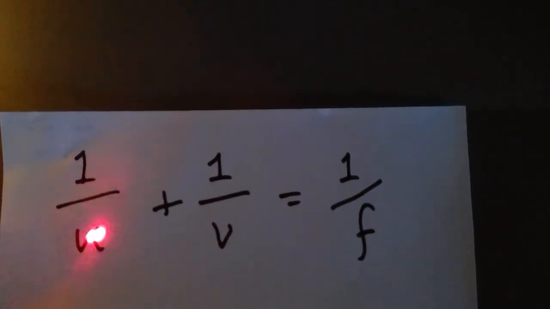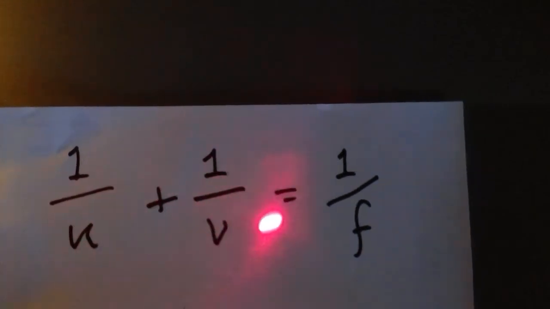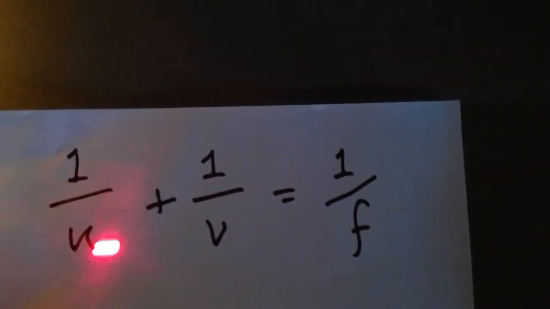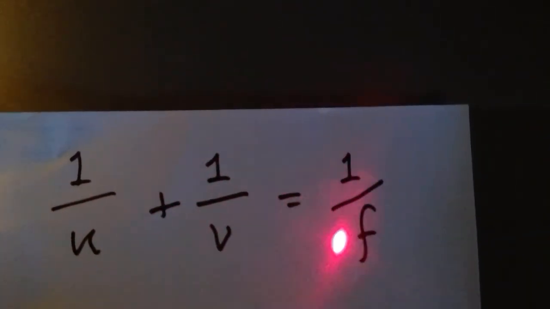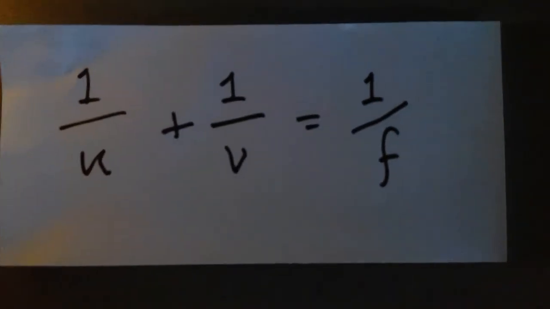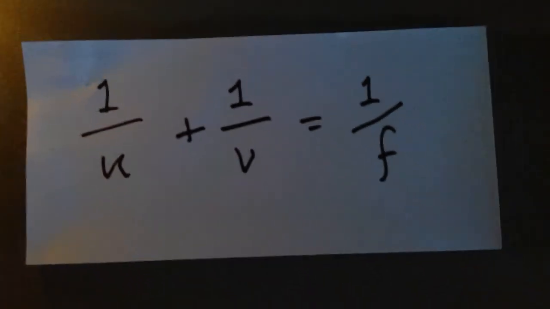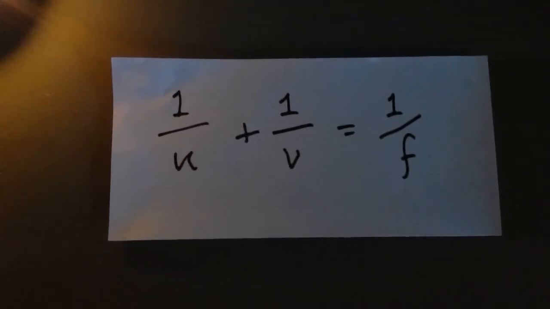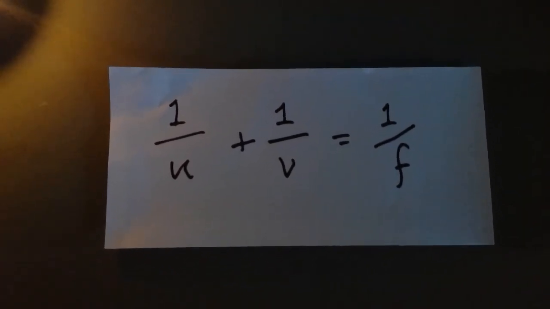These have to be all in centimeters, or all in meters, or all in millimeters. As long as it's the same unit, then you should see whether our results are any good. So that's the investigation of the image formed by a convex lens.